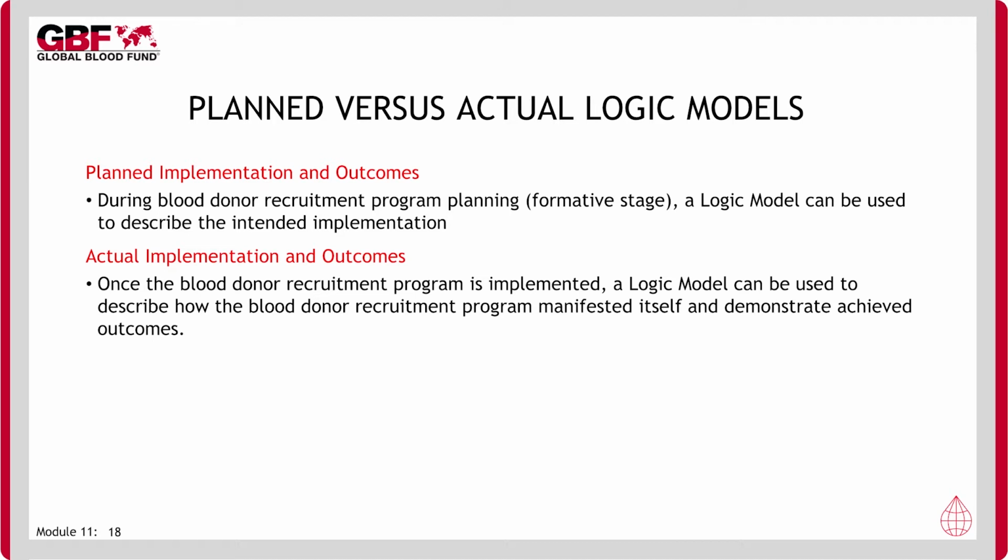The actual implementation and outcomes logic model is developed once the blood donor program is implemented. This logic model will be used to describe how the recruitment program is actually operated and demonstrate achieved outcomes. All these can effectively contribute to theory, experience, and scientific evidence in a virtuous cycle.